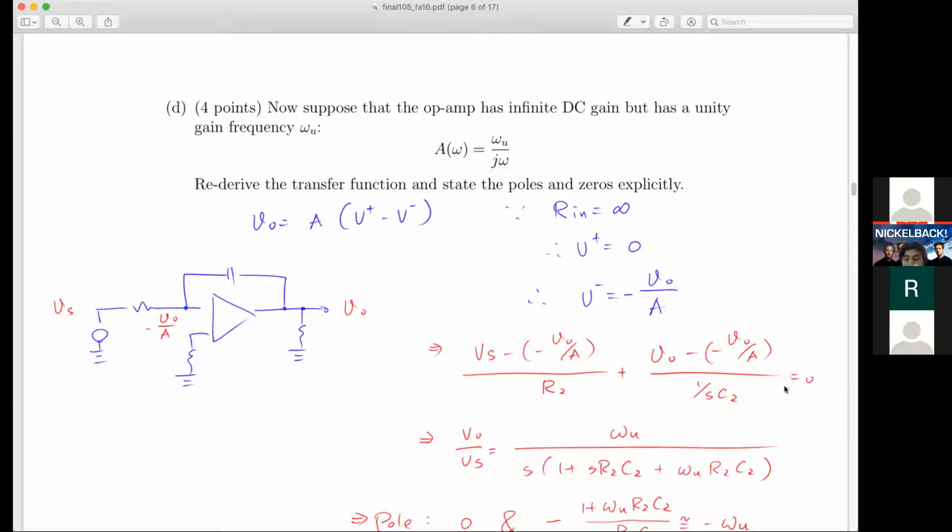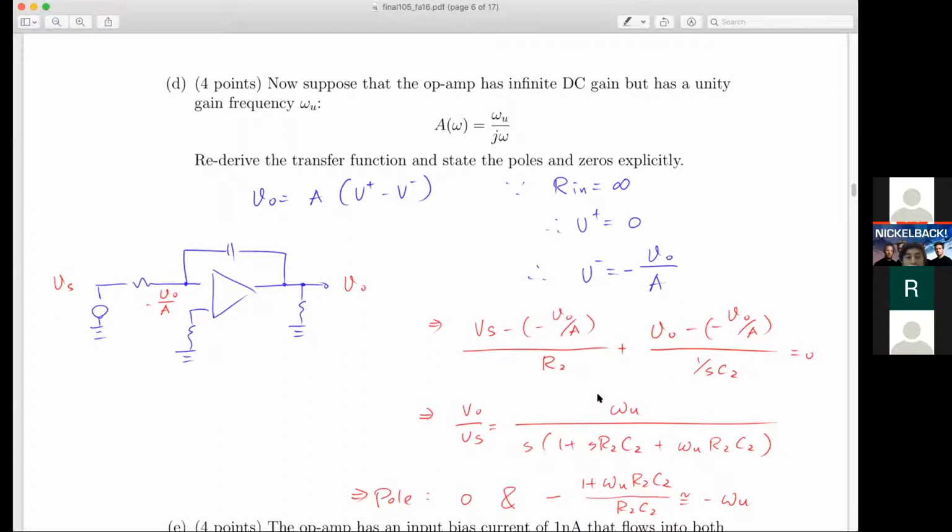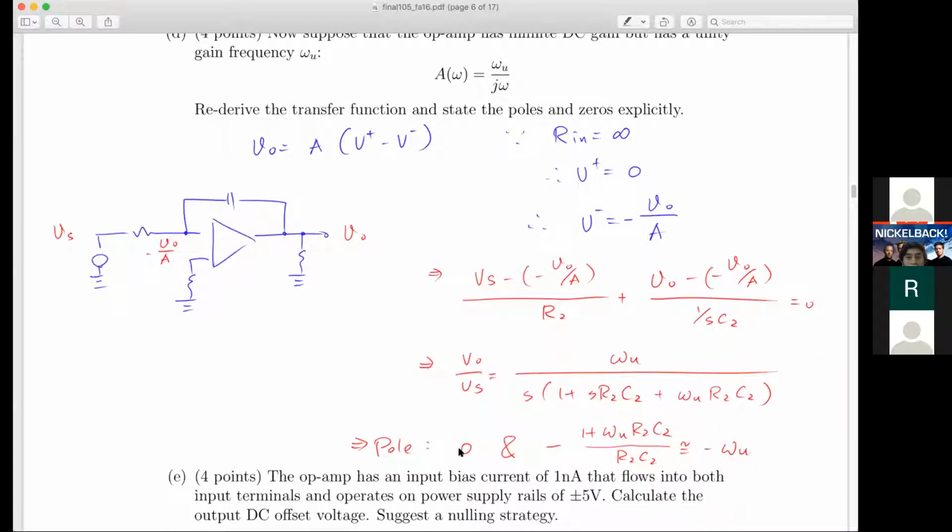When you solve the algebraic equation, you get a transfer function like this. As you can see, there's a pole at 0 and a pole at 1 plus omega u R2C2 over R2C2. Typically we design our op-amp to have a very wide unity gain frequency, so this term can be approximated as minus omega u.